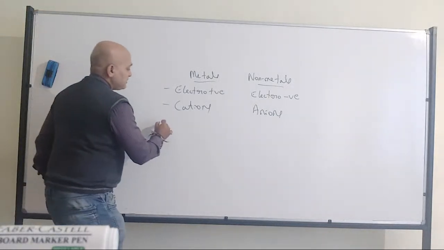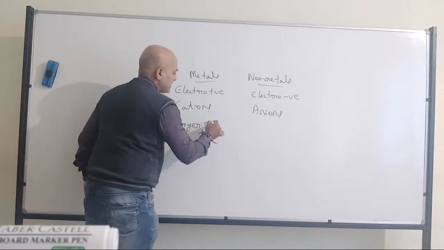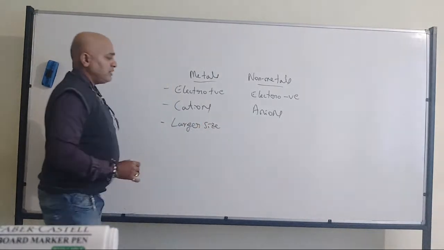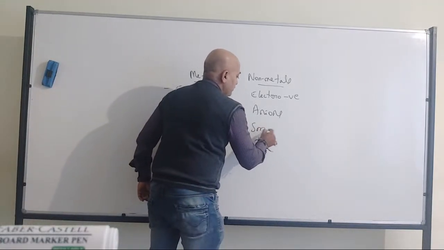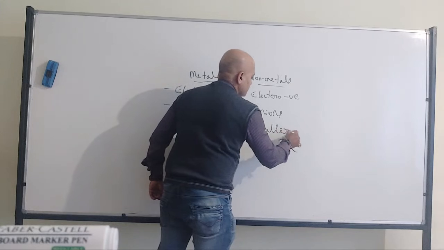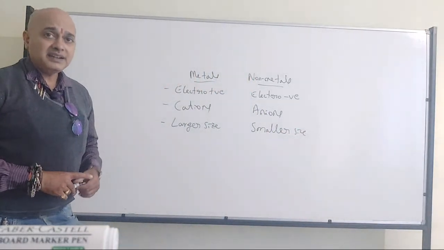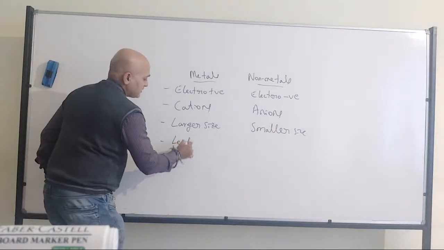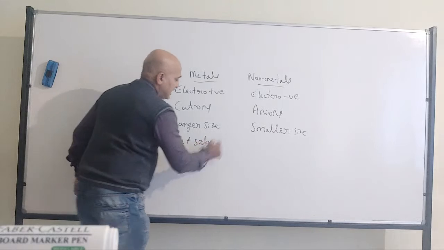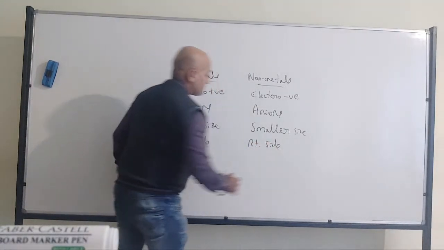Now, when it comes to metals, normally they will be of larger sized atoms. Non-metals will be of smaller size. And in the periodic table, metals are present on the left side and non-metals are present on the right side.